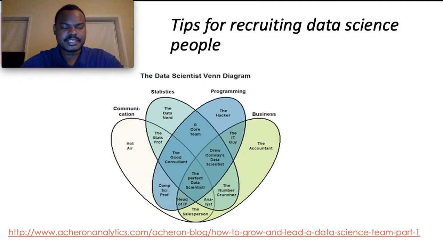So this is just a Venn diagram describing the different functions of a data scientist. But I don't want you to think about this as one individual person needing to have all of this, but instead think about it as a team. Within the team, you need to have someone that is really good with data, all right?